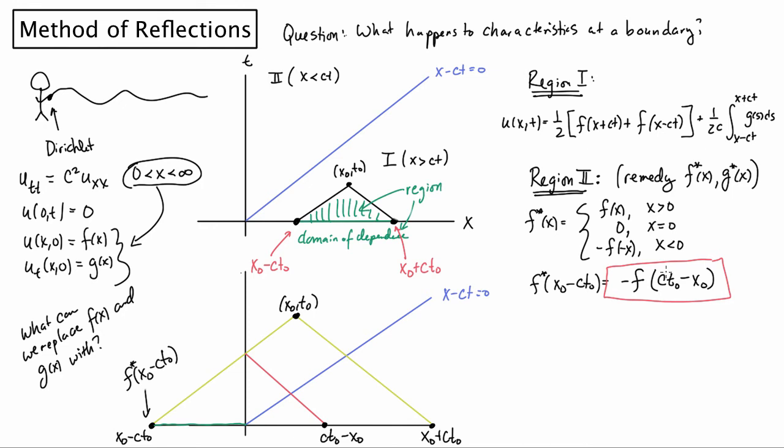And so the region that's impacted here is we no longer need to consider what happens in between x naught minus ct naught all the way up to x naught plus ct naught. Instead, our new domain of dependence is in between these two new points. That's all the solution depends on.